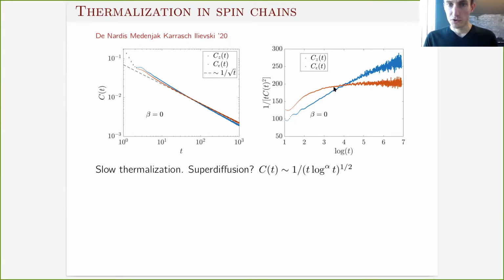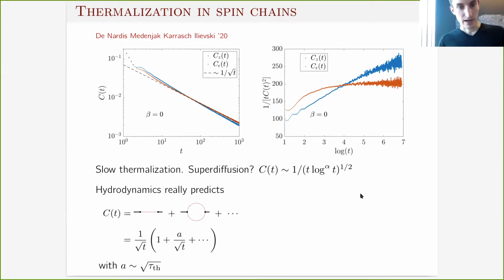For energy diffusion, it seems to equilibrate pretty fast to some finite value. But for spin diffusion, it seems to just keep on growing here on this logarithmic scale with time. So it led them to suggest that there was some kind of anomalous super diffusion or logarithmically enhanced diffusion in these systems. But now let's go back to our fluctuating hydrodynamics.